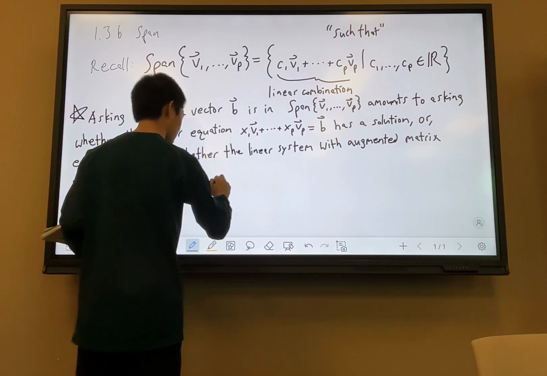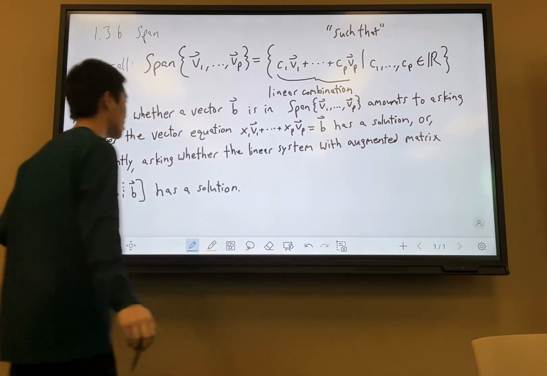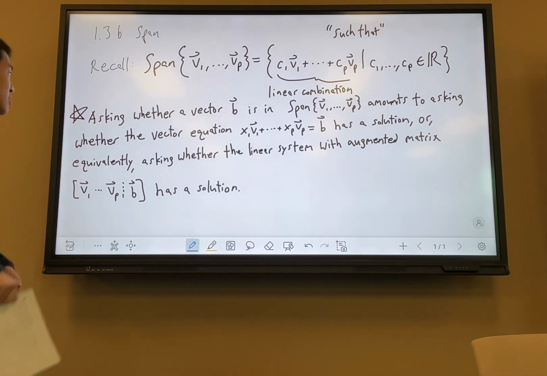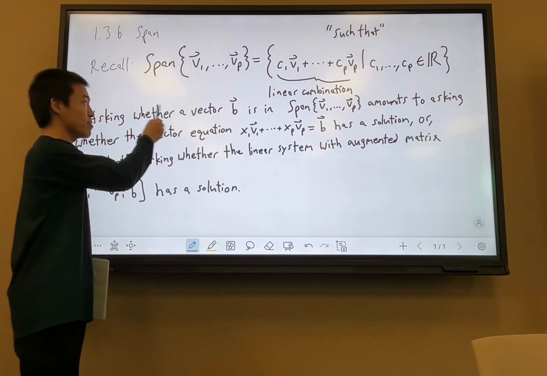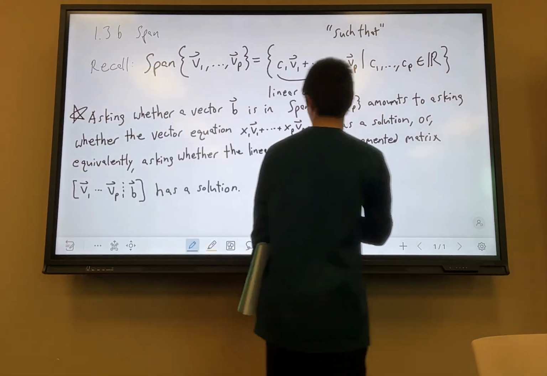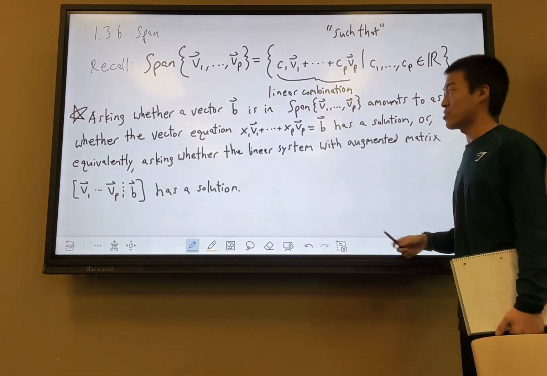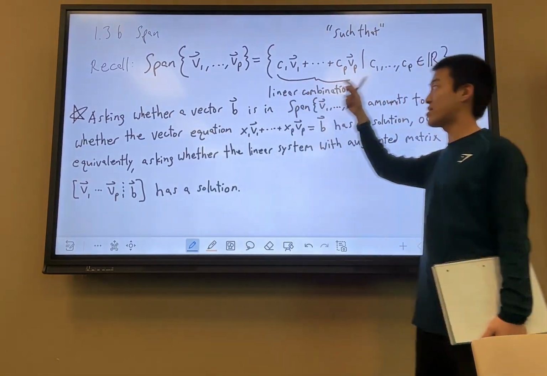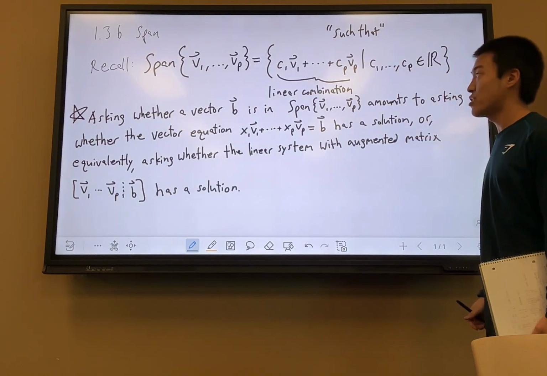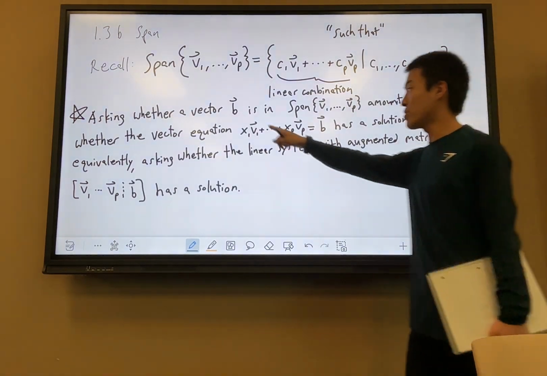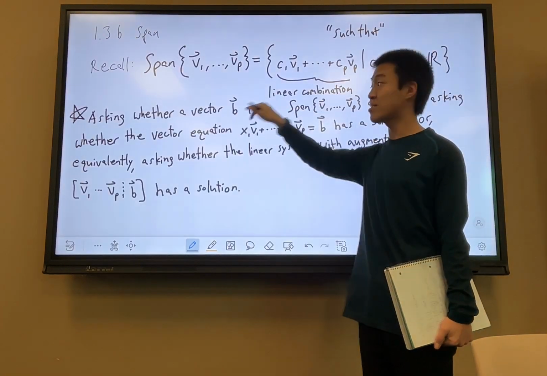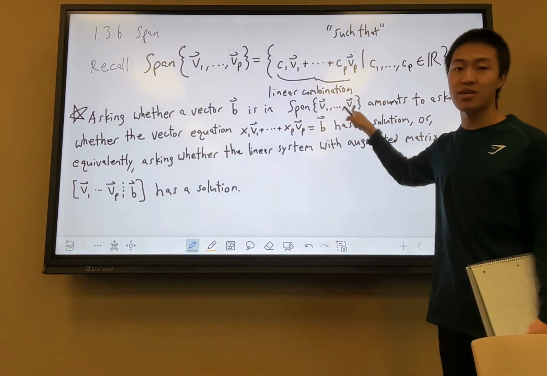Okay, so here is where it's going to be very important to learn how to read math, and I'm going to show you how you can take something like this from the textbook and make sense of it. So, asking whether vector b is in a span. Okay, so let's anchor down our definitions. If b is in the span, and the span itself is the set of all the linear combinations of those vectors, then that means I can write b as some linear combination of whatever these vectors are.